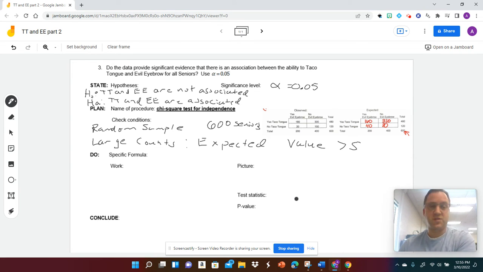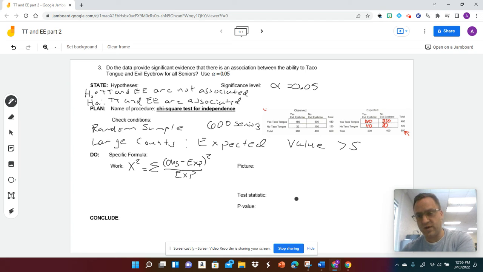So now we have to do some work here. To calculate our chi-squared statistic, it is equal to the sum, so I'm writing that in sigma notation, of the observed, so I'm writing OBS for observed, minus the expected, squared, divided by the expected.